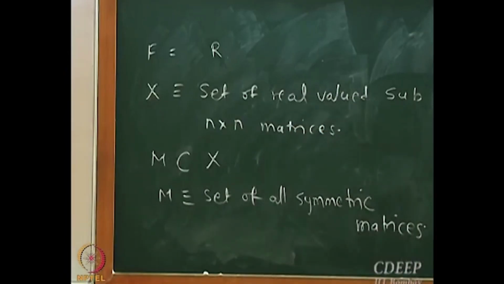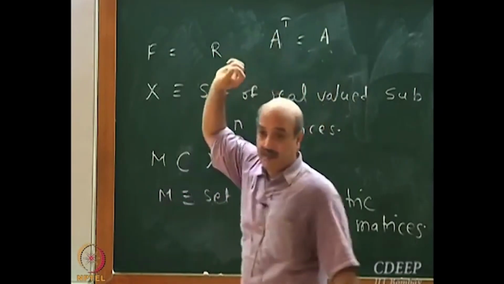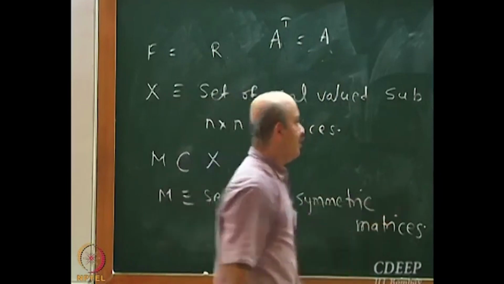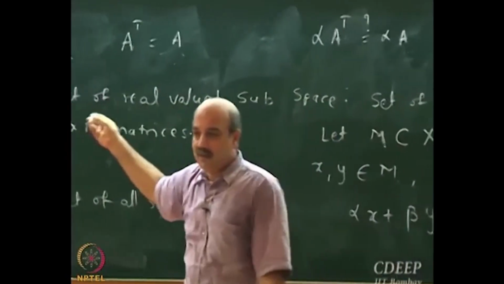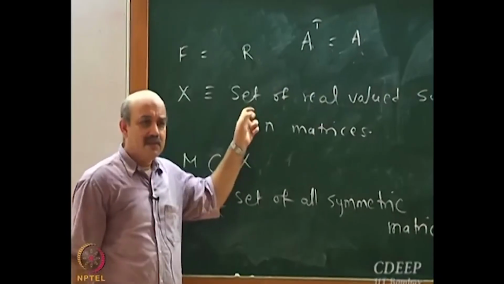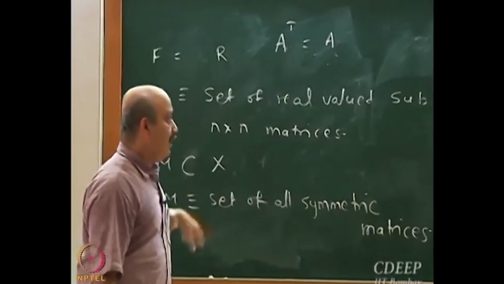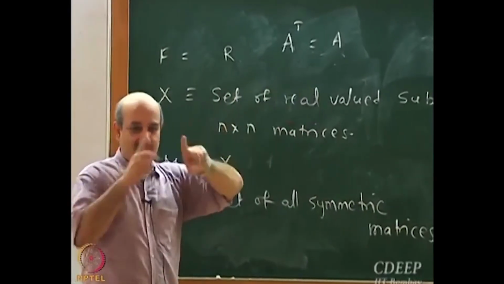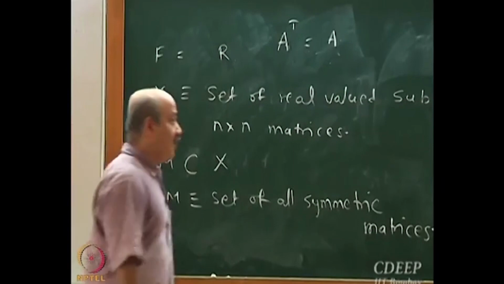What is a subspace? If I take a scalar alpha, when you call the matrix symmetric, A transpose is equal to A. Just test this. Will alpha times A transpose be equal to alpha times A for any alpha? By the way, what is the zero element in this space? What is the zero vector? The null matrix. If I set alpha to be 0, it's a symmetric matrix, so it belongs to the subspace. What about addition?